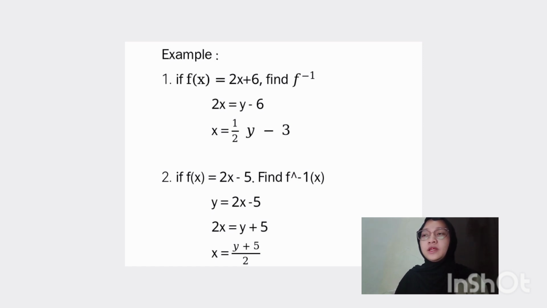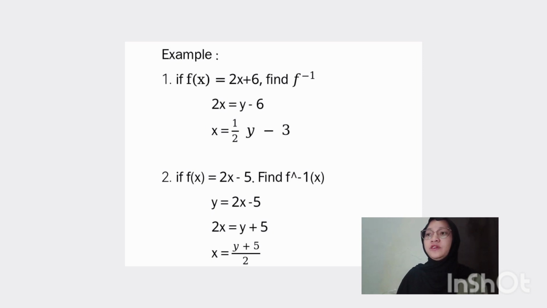Next, there are examples of an inverse function. Number 1, if f of x equals 2x plus 6, find the inverse. 2x equals y minus 6, x equals 1 over 2 y minus 3.